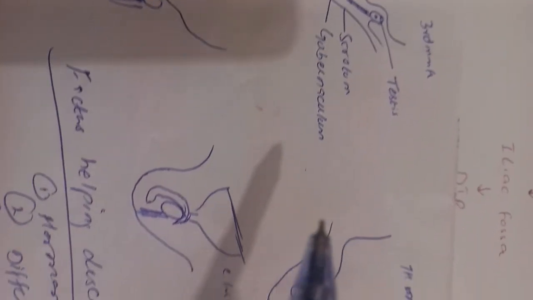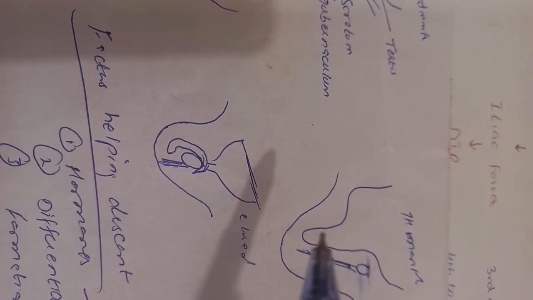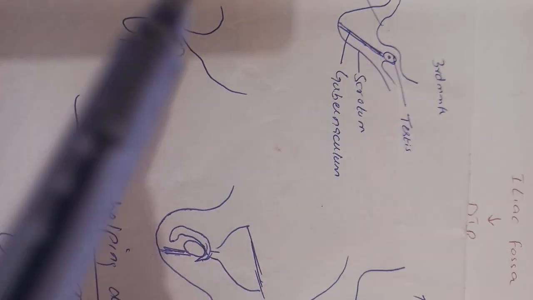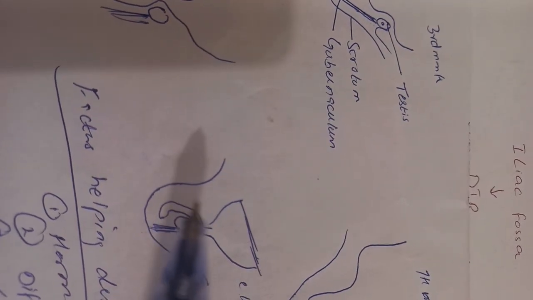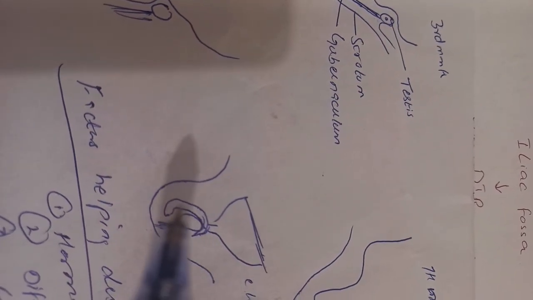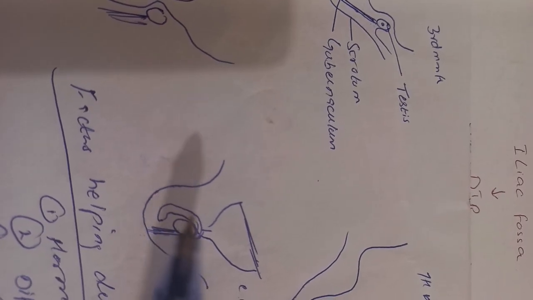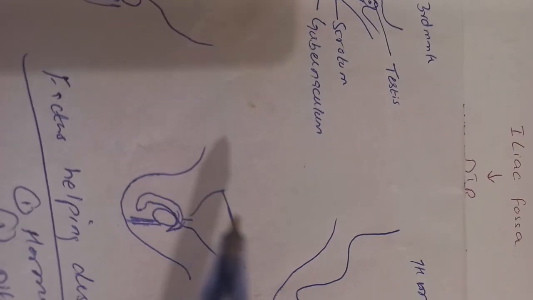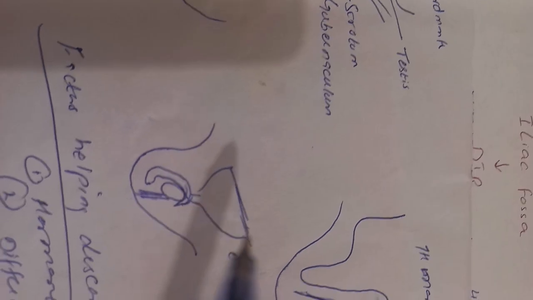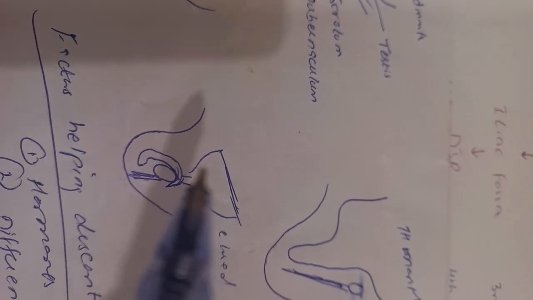As you can see here, it will come down towards the scrotum and then further down, and finally it will reach the scrotum and ensheath the testes in the form of the tunica vaginalis. So now this is the tunica vaginalis, and the connection of the processus vaginalis with the abdominal cavity will finally become closed. Normally this connection should be closed.